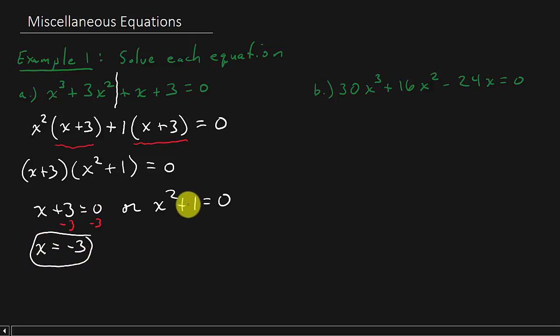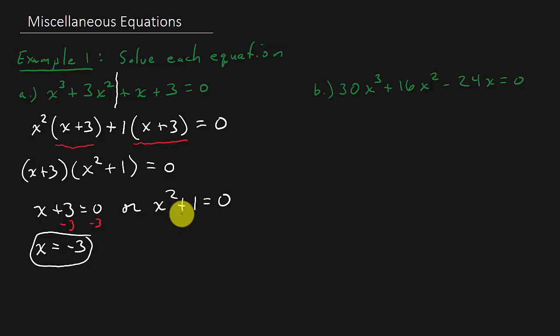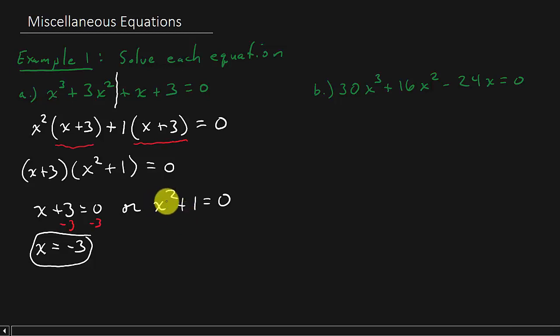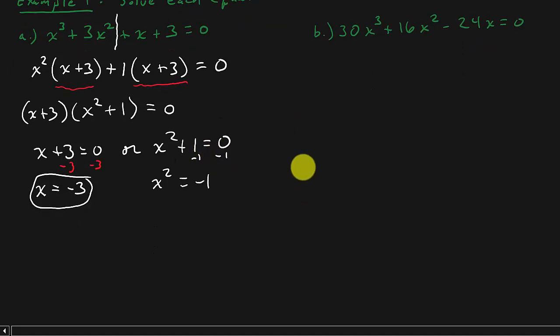And then what about this one? Well, if you remember back when you solved quadratic equations, we've got something squared here. We've got this x squared and a constant. So we can solve for the x squared, just subtract 1 from both sides. And then I can use that square root property. So x is equal to plus or minus the square root of negative 1.